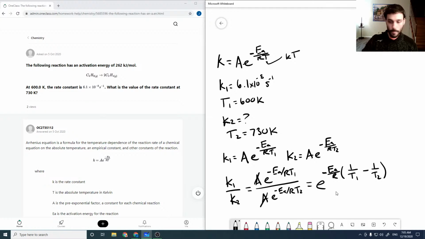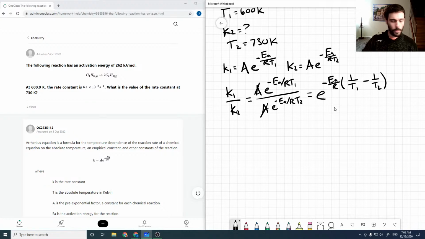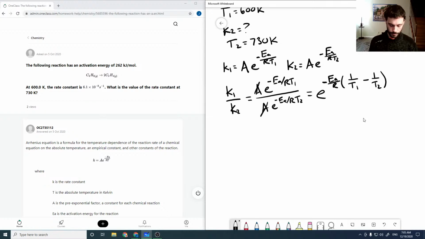And now we want to solve for our k2. Or I guess what I did was just solve for this, k1 over k2, so inserting our values. The Ea given is this 262 kilojoules per mole. R is 8.314 joules per mole Kelvin.